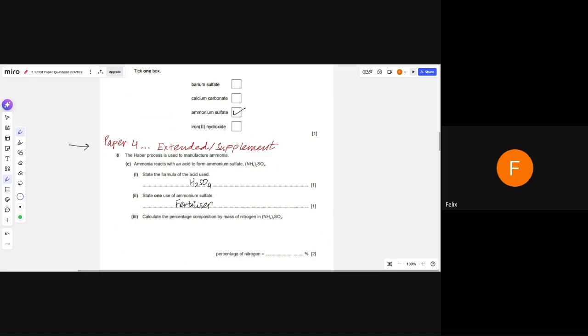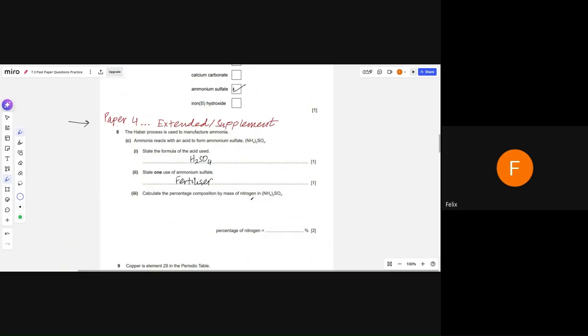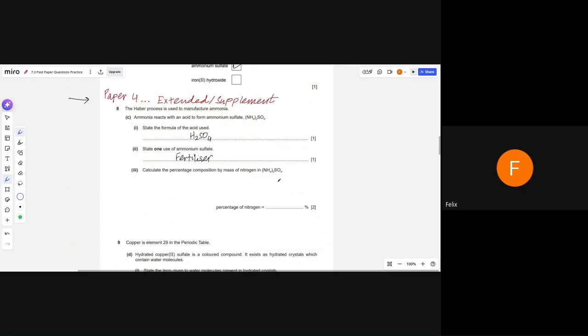So we will study this in environmental chemistry, or the upcoming topics. So calculate the percentage composition by mass of nitrogen in ammonium sulfate. So all you need to do is to calculate the molar mass of this compound.